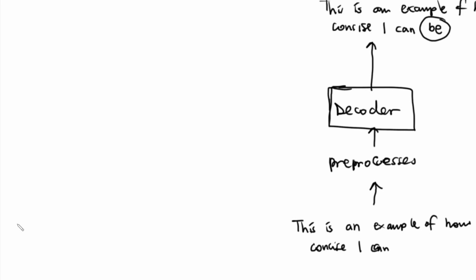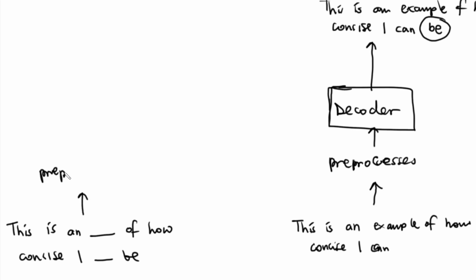In contrast, what BERT does with its masking, which is the masked word prediction: when you train it, you say this is n dash. You mask that word, of how concise I dash B. This is what you feed the BERT model. Of course, it's going to pre-process in its own way.